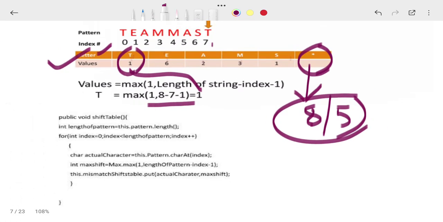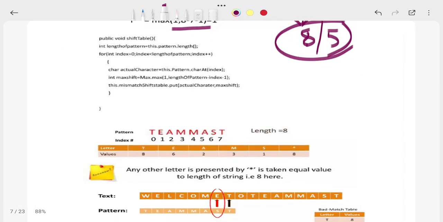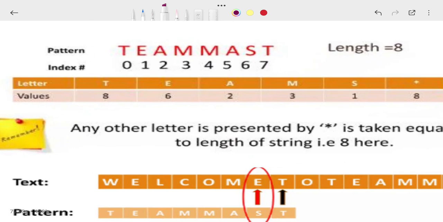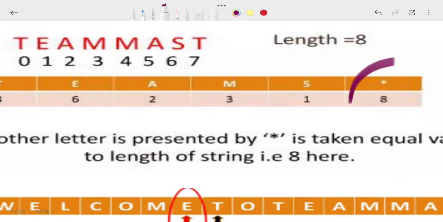Out of these you can write any one. I have checked multiple times and there is no problem. Now you can see I have written the length of my string as 8.